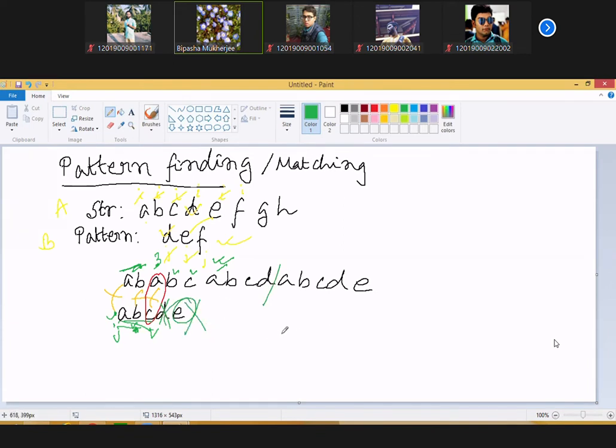Then in the next iteration you have to start from here, and the next iteration from here, and the next from here. Only when you come here will you find this pattern.